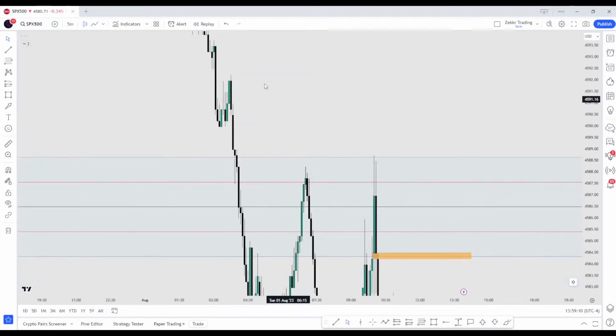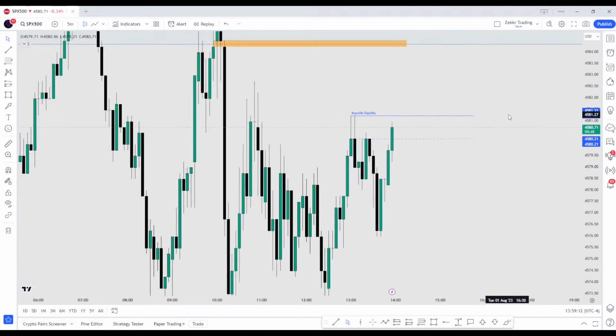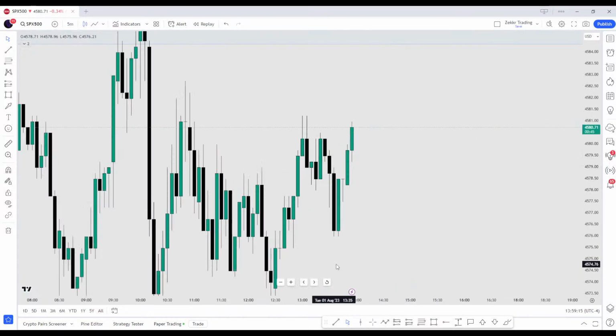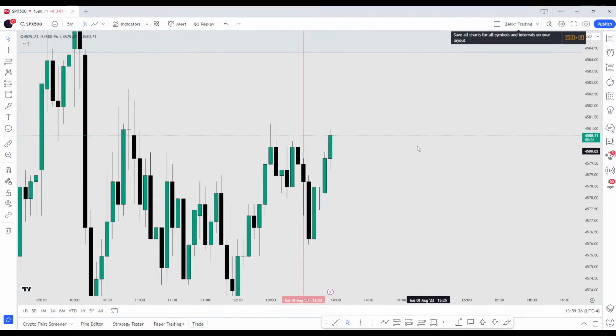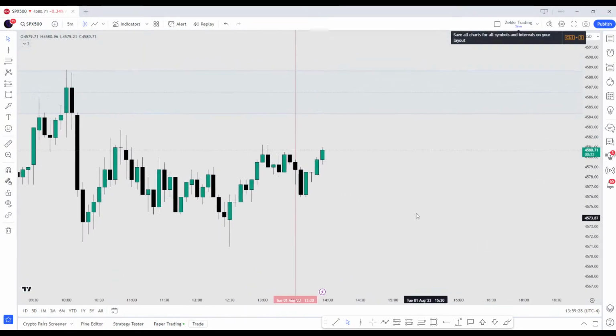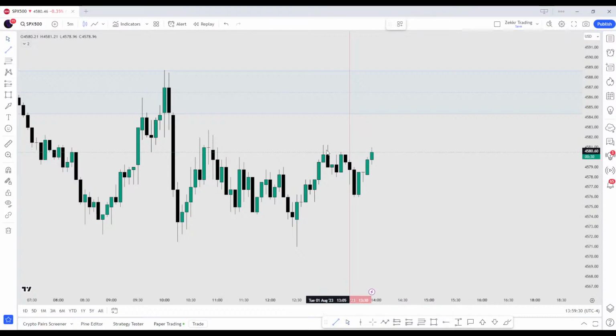You can watch ICT's video for a better explanation, but as I said, I don't really focus too much on the mitigation block. I rather use order blocks, breaker blocks, and fair value gaps.